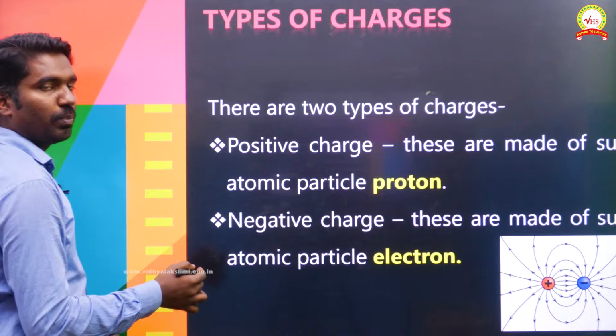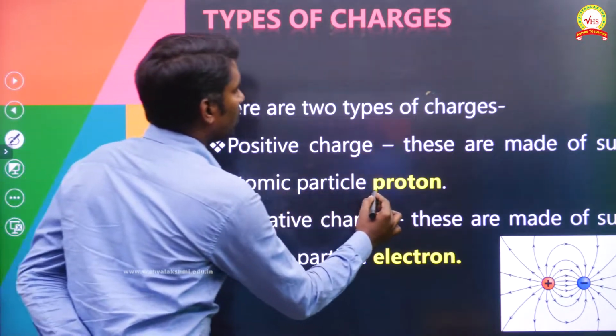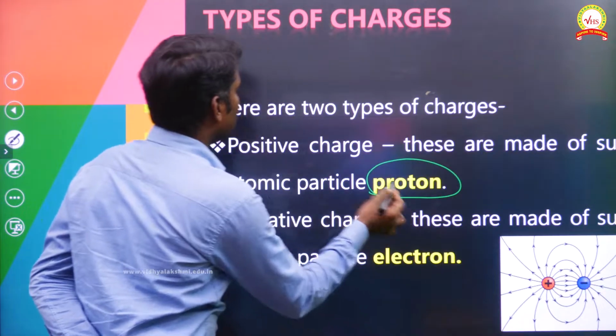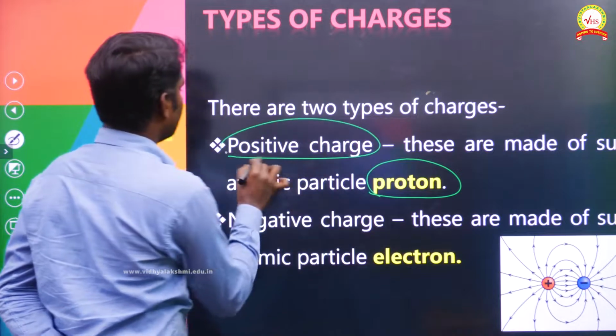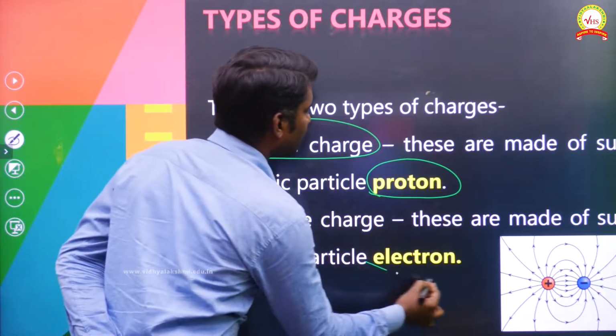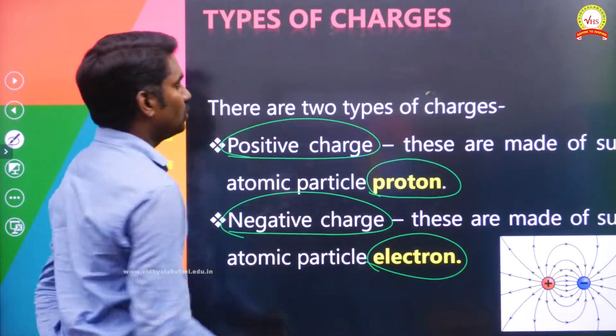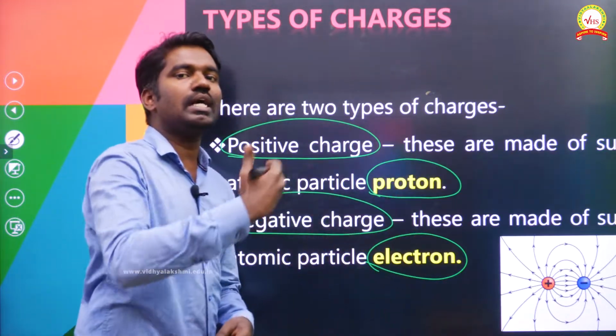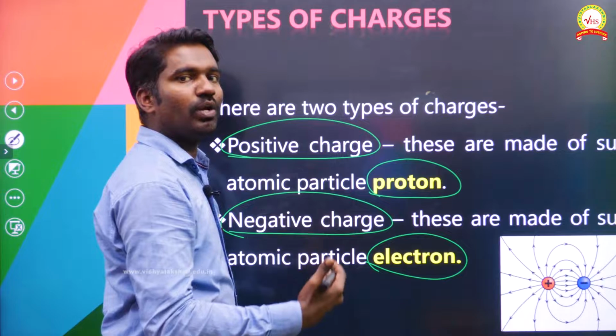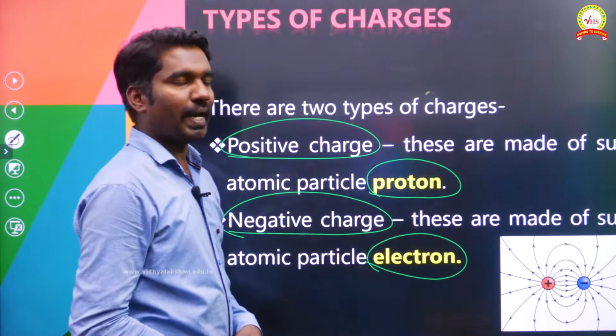So what is a positive charge? You can call the protons a positive charge and electrons the negative charge. These two, protons and electrons, we will call subatomic particles.